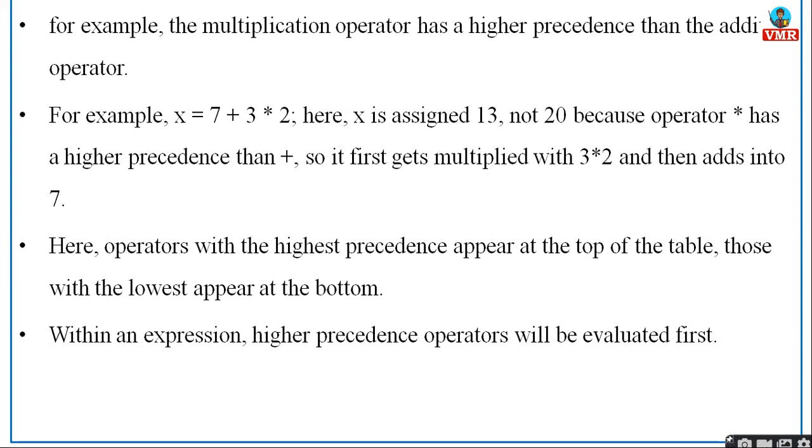So it first multiplies 3 into 2 and then adds 7. This priority of the operators is nothing but your precedence. Operators with the highest precedence appear at the top of the table in the next slide, and those with the lowest appear at the bottom. Within an expression, higher precedence operators are always evaluated first, like in the above example.